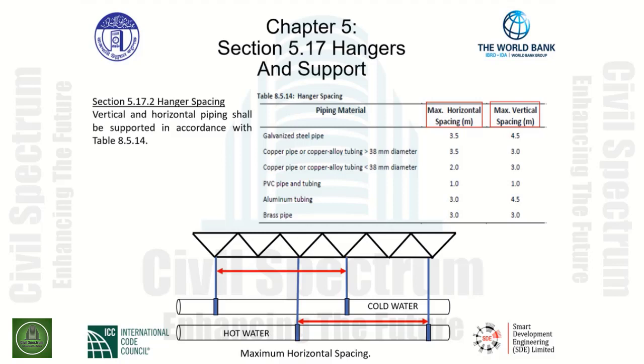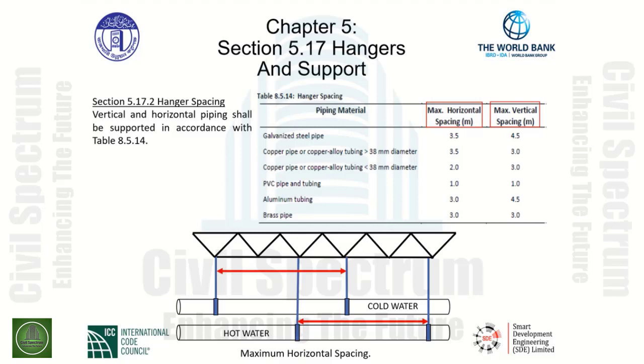The next column gives us the maximum horizontal spacing in meters. And the very last column gives us the maximum vertical spacing in meters. So it is dependent upon the material and in some cases the diameter of the piping material that will provide requirements for horizontal and vertical spacing.